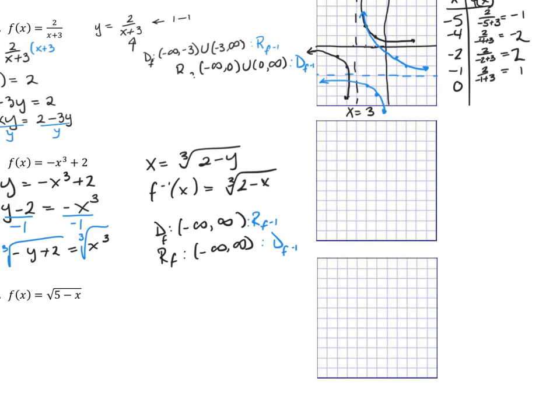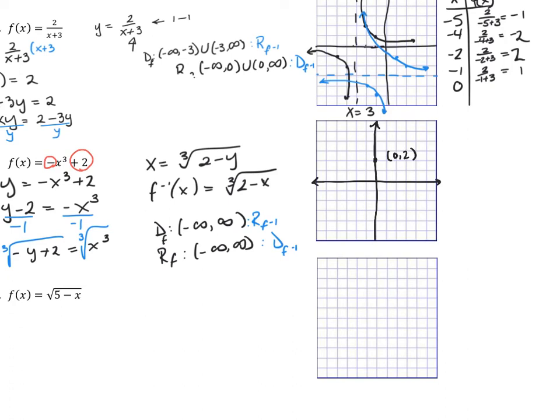Now, when I go to graph this, my original function is a transformation of the parent function x cubed. This negative reflects it over the x-axis. This positive 2 brings it up 2. So instead of going through 0, 0, it's going to go through the point 0, 2.